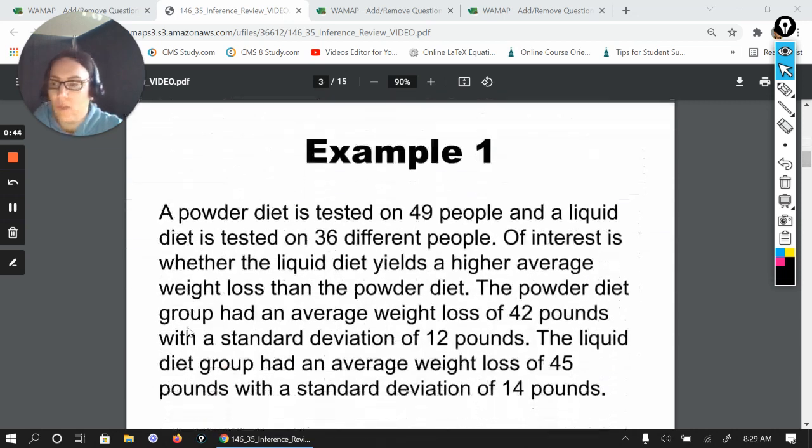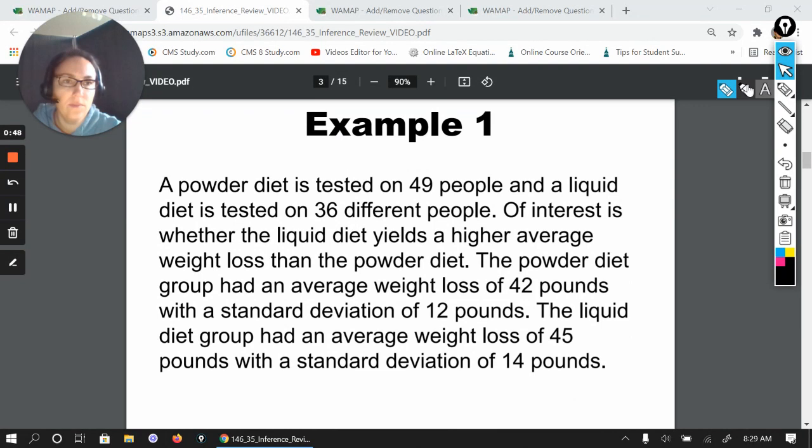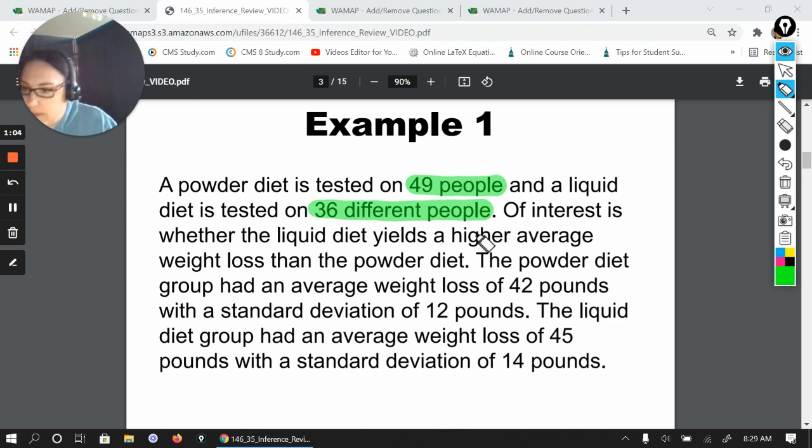Here's example 1. Okay, a powdered diet is tested on 49 people, and a liquid diet is tested on 36 different people.